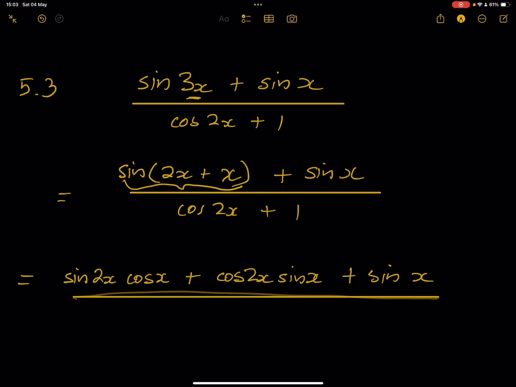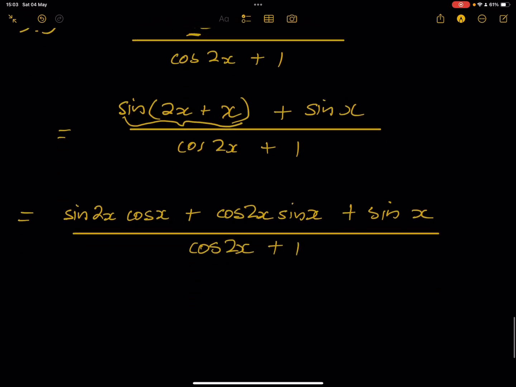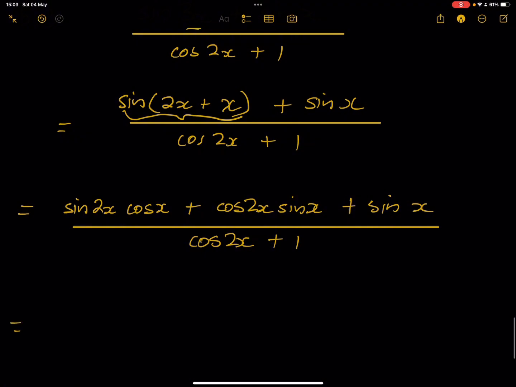Again, divided by cos 2x plus 1. So now we know what sine 2x is.